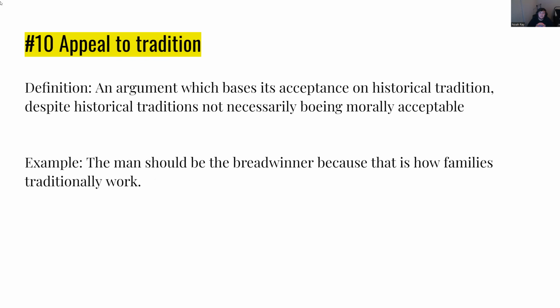And lastly, we have an appeal to tradition. An appeal to tradition is making an argument based on acceptance of historical traditions, despite historical traditions not always necessarily being morally acceptable. My example for this is, the man should be the breadwinner of the house because that is how families traditionally work.